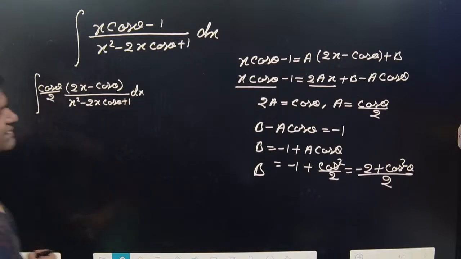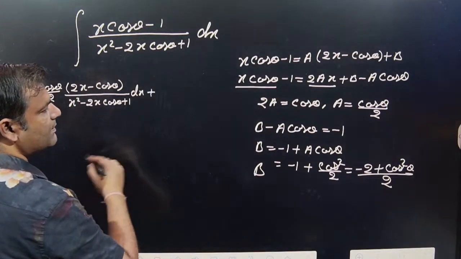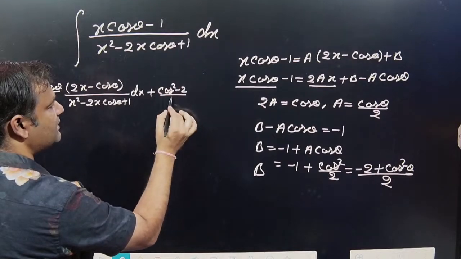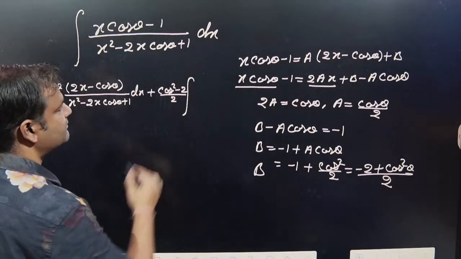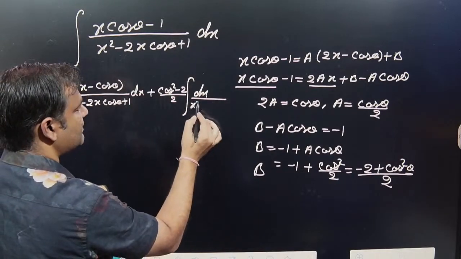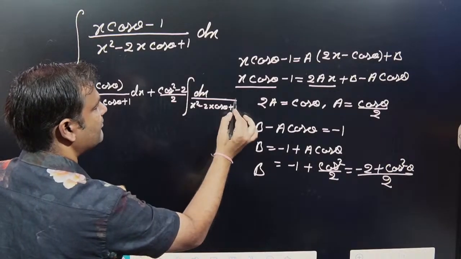And b is cos theta square minus 2 divided by 2 into the integral of dx divided by x square minus 2x cos theta plus 1.